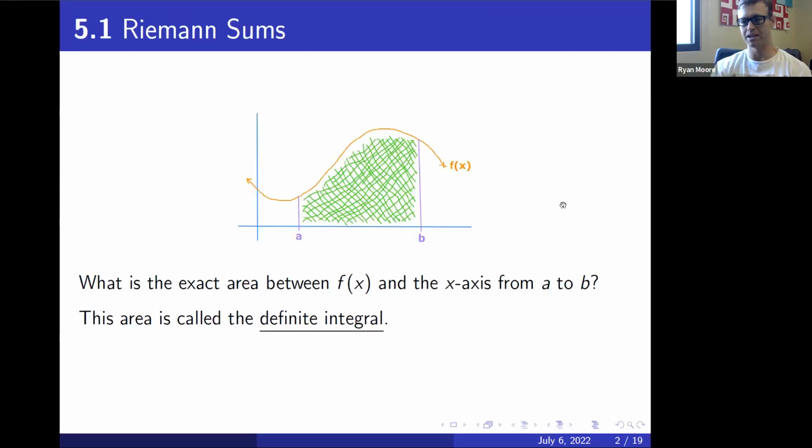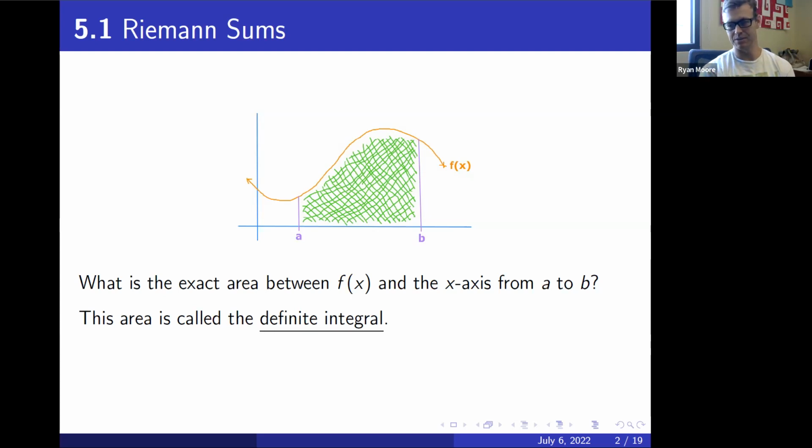Actually, going all the way back to the beginning, what are we trying to do here with integrals? So imagine a function, maybe something like that will work pretty well. And imagine a starting and ending point, that function going from A to B. And then think about the area between that function and the x-axis.